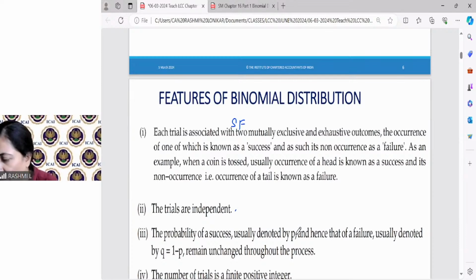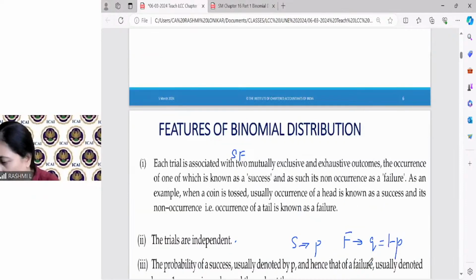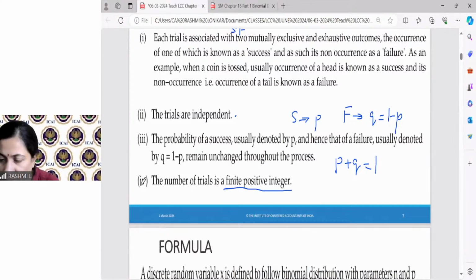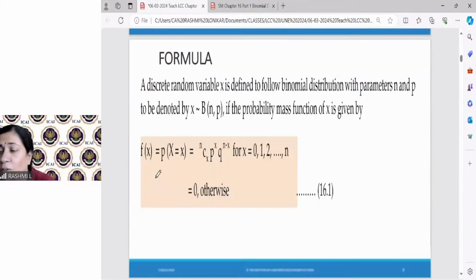If we represent success with P, then failure is represented by Q, which is nothing but 1 minus P, or more importantly, P plus Q is equal to 1. Once you know that, that is more than enough. Then the number of trials is a finite positive integer. Just mark this because it is one of the theory questions: number of trials is a finite positive integer.